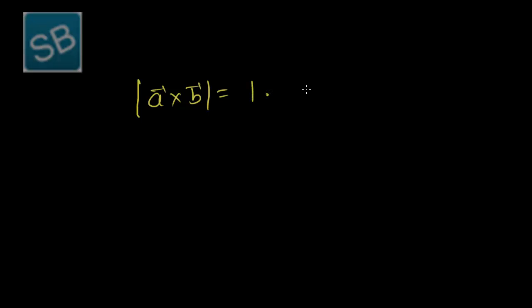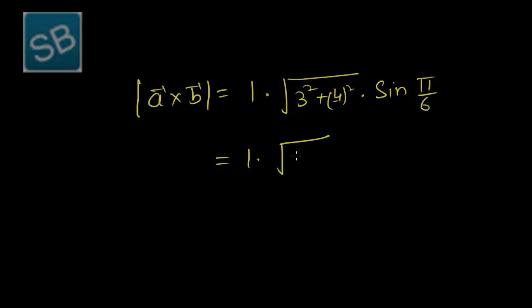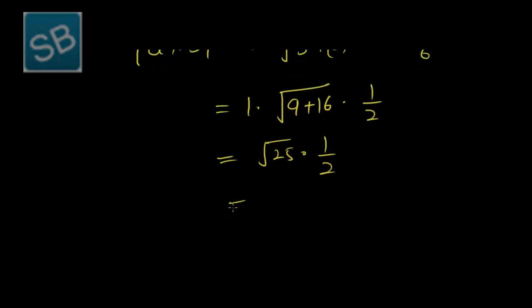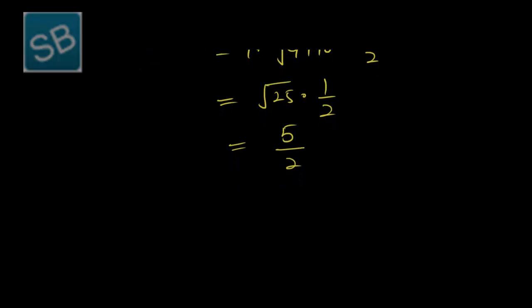Vector B is given as (3, 0, −4), so its magnitude is the square root of 3² + 0² + (−4)², into the sine of the angle. The angle between them is pi by 6. So we get 1 into the square root of 9 + 16 into sine of the angle, which is 1 by 2. So we get the square root of 25 into 1 by 2. The square root of 25 is 5, as it is a magnitude, so we take only the positive sign. So we get the value of the magnitude of A cross B.